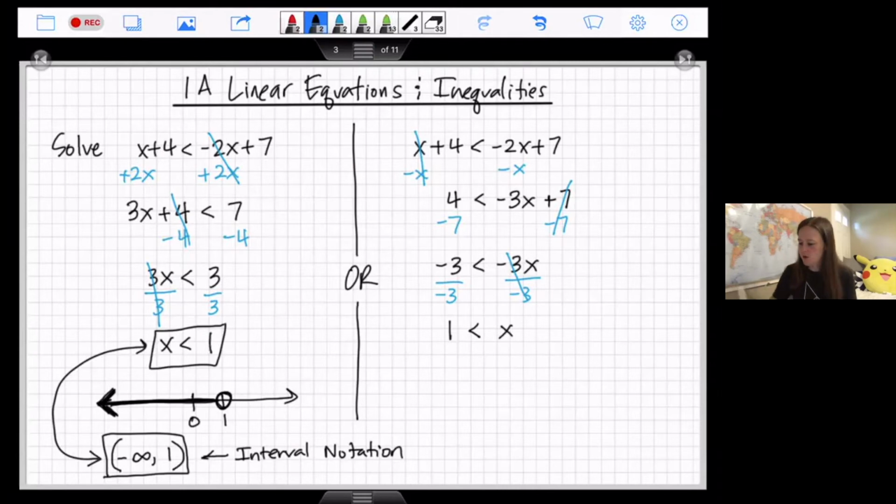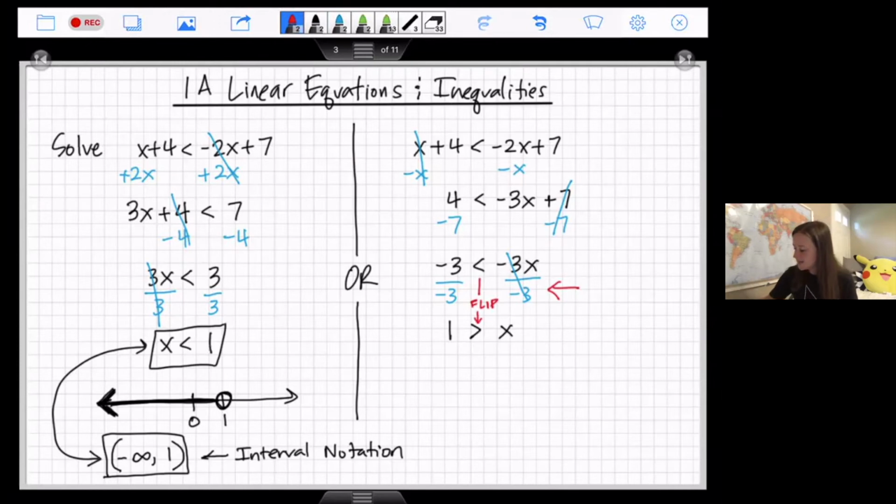And the reason why our problem happened here: when you divide or multiply an inequality by a negative number, you need to flip the inequality. So what I should have done is, in this step, flip my inequality. And that maintains the proper relationship between the variable and the number.